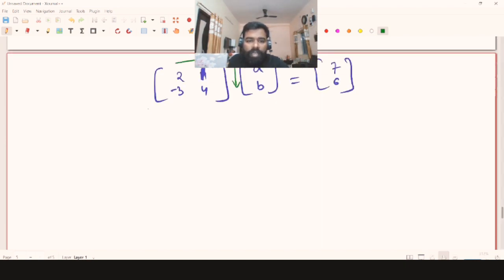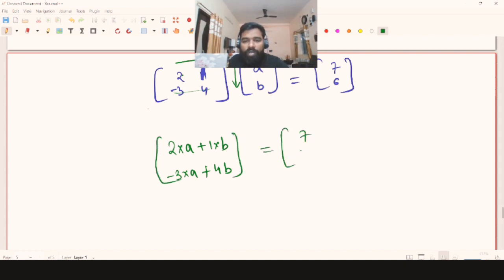So you have 2 into a, 1 into b, and downside you have minus 3 into a, then 4 into b. Got this after multiplication. So you have 2a plus b and minus 3a plus 4b, which is equal to [7; 6].